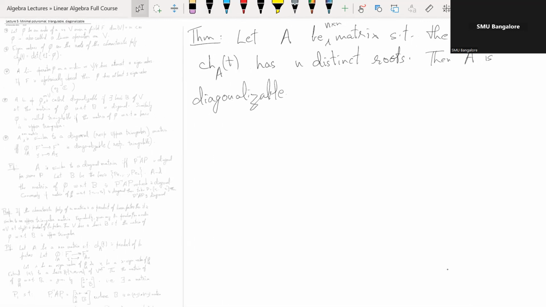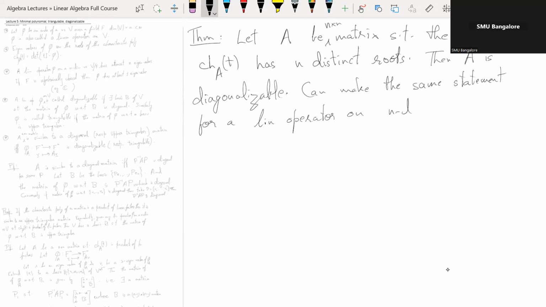Okay, so we can make the same statement for linear operators. So these are equivalent statements for a linear operator on an n-dimensional vector space.